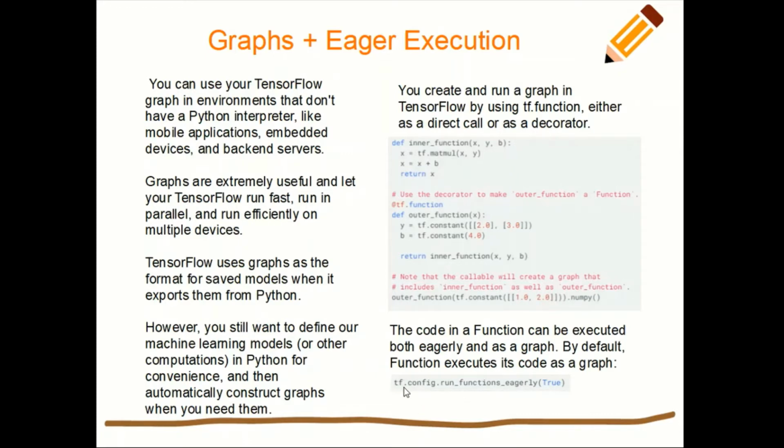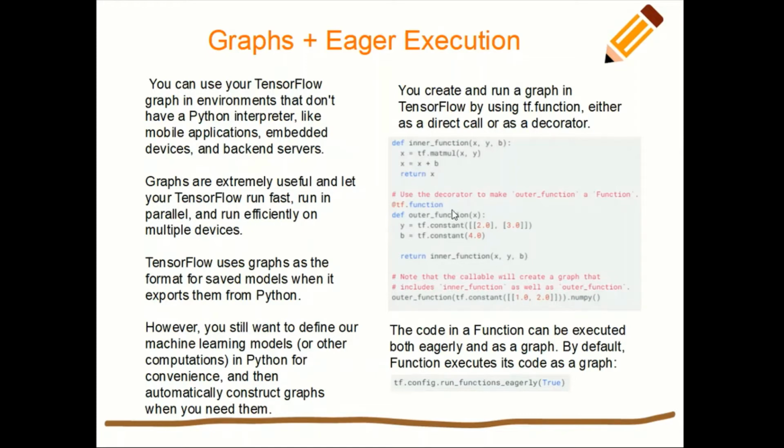So it's a configuration that we have to change. tf.config.run_functions_eagerly, if we set it to true, then it is going to be run eagerly. So during development, we can keep this as eager.